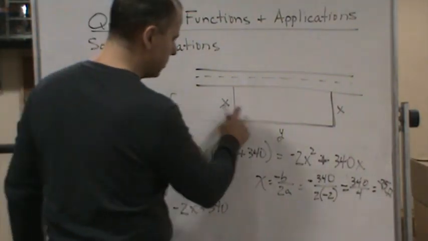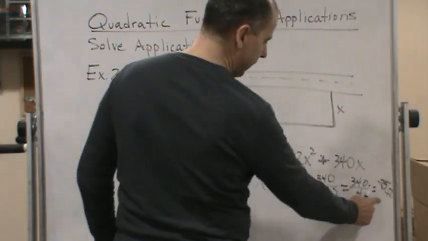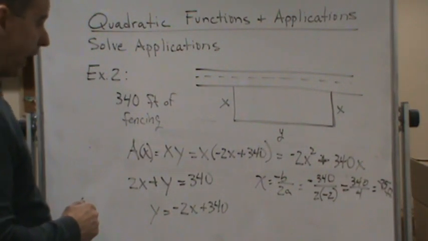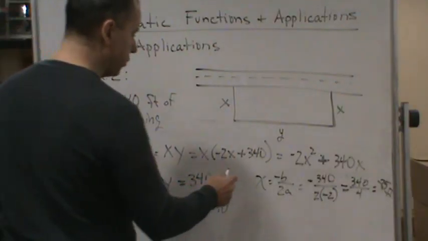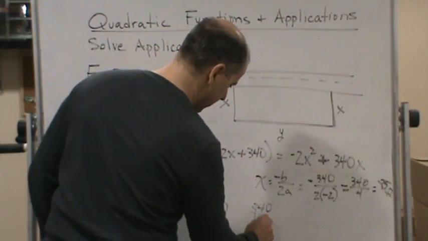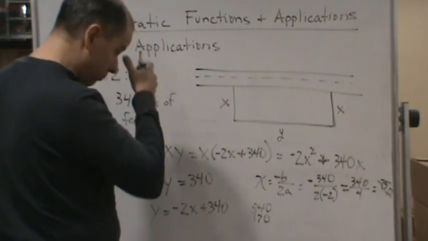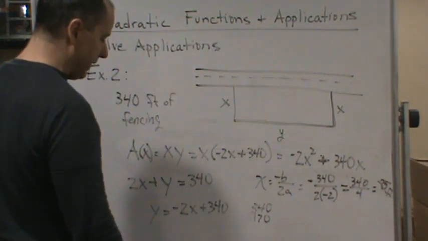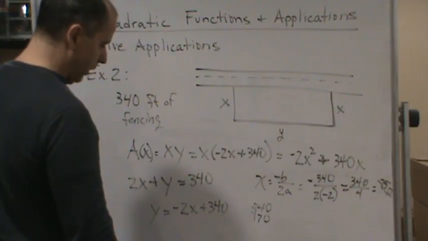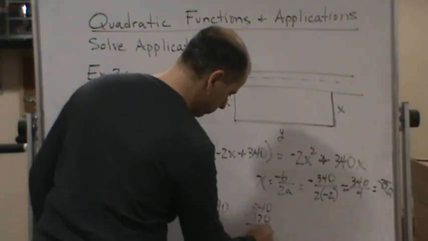So these two sides added together are 170 feet, and 340 minus 170 gives us 170.